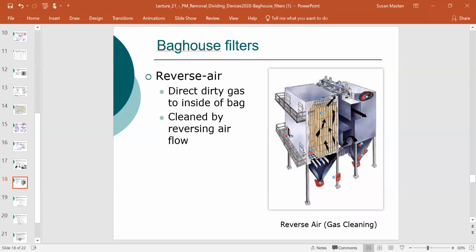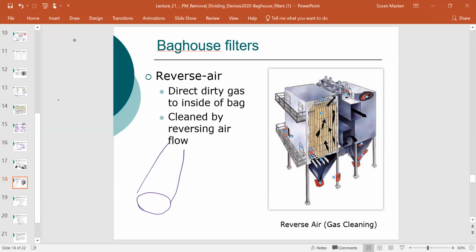And lastly, we mentioned we have basically 3 different types of units. We have a reverse air. So basically this here, if we think, here's our bag. And this is an inside out.